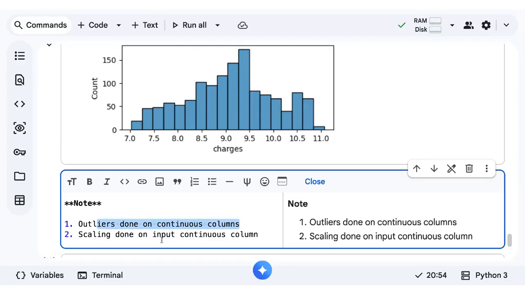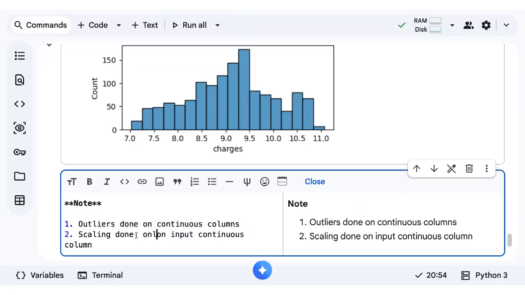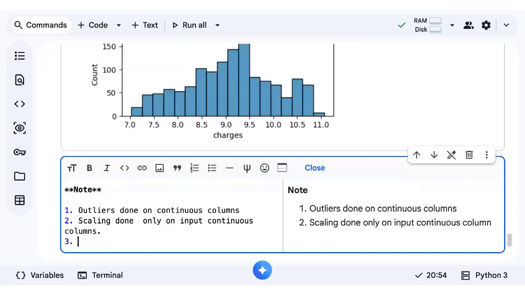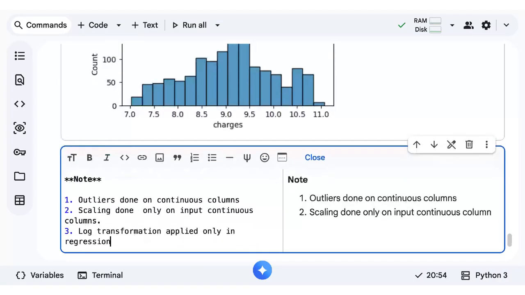Scaling is done only on input continuous columns. And the third one, log transformation, is applied only in regression, on the target column.